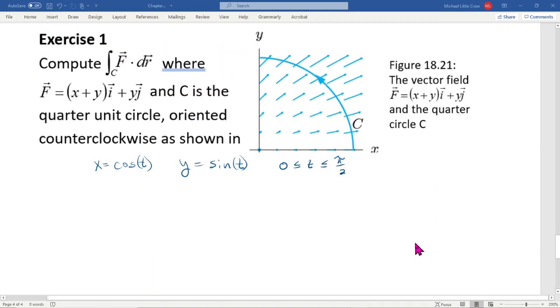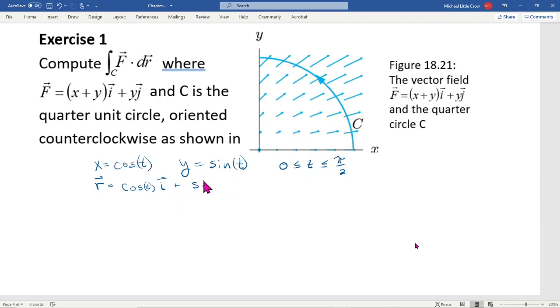So then we can think of this path C actually as being a vector, and that's what we call r. And that would be the x direction is cosine of t, i, plus sine of t, j. And what we really need is this derivative.